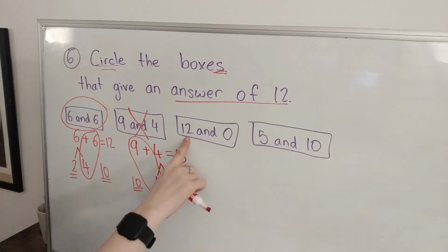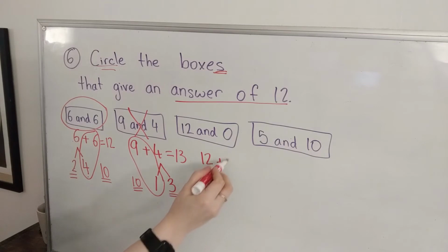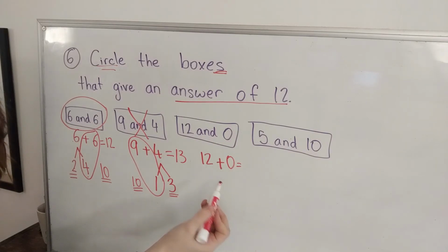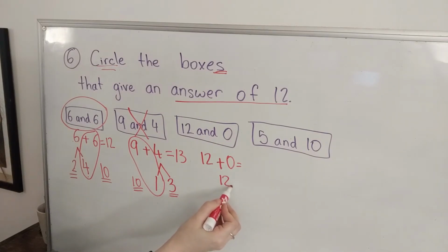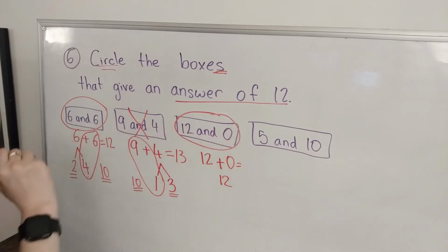Let's check this one. 12 and 0. Oh, that was an easy one, right? 12 plus 0, 12 plus nothing is still 12. We found another one that has the answer 12. Circle it. Excellent.